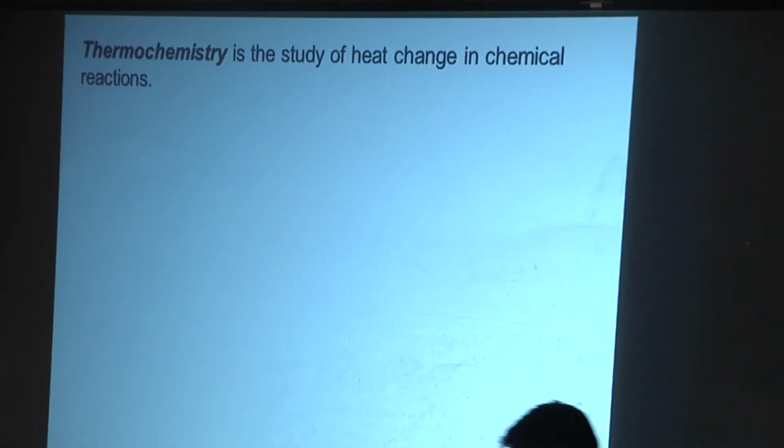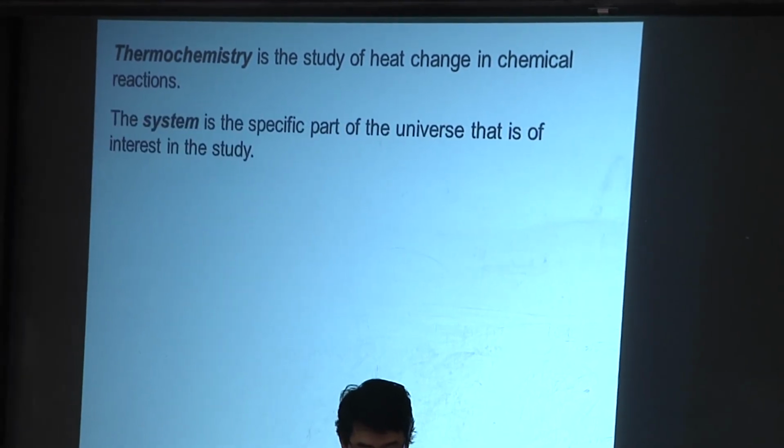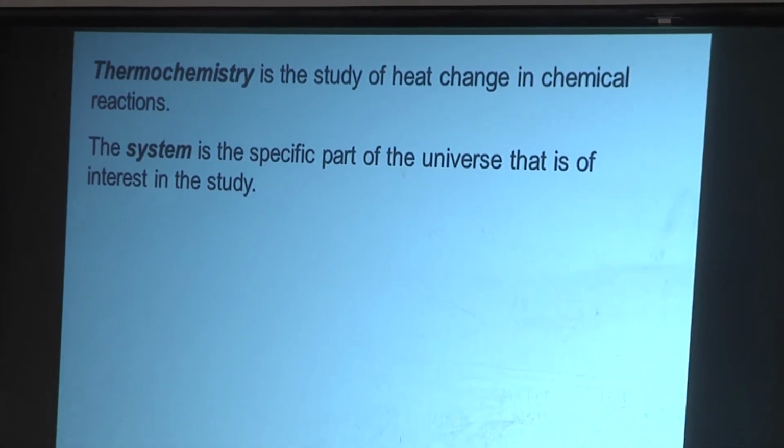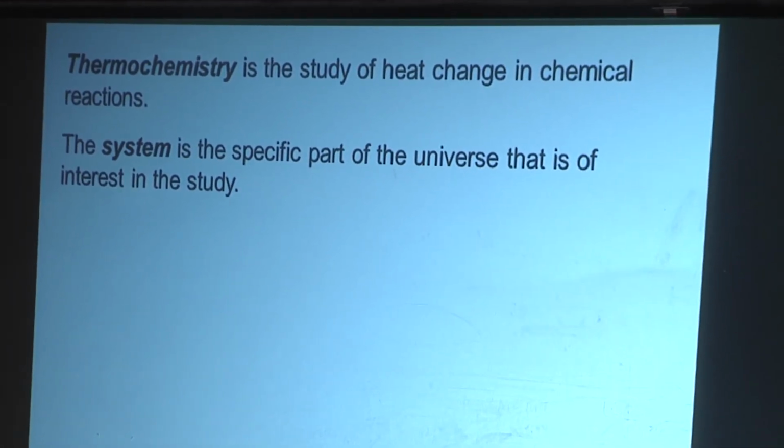So thermochemistry is what we're going to look at. It's a study of heat change in chemical reactions. And when we think about thermochemistry, we have to be very careful about what we're considering, because it's about heat being exchanged from one place to another place.